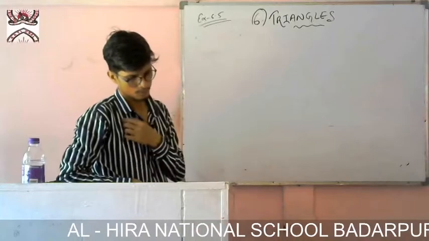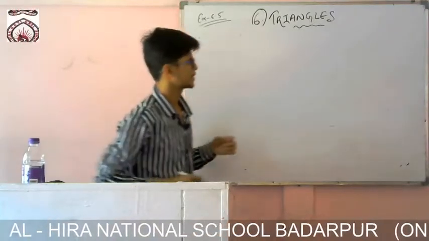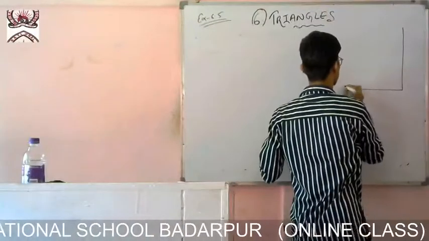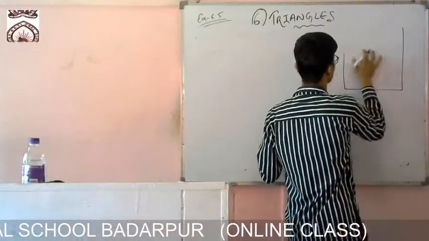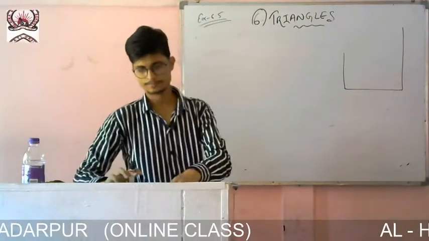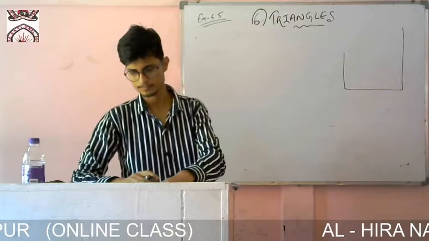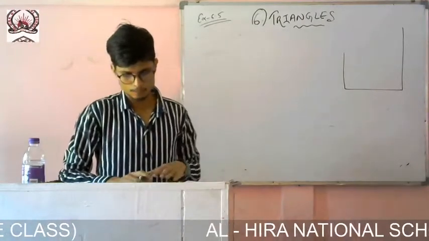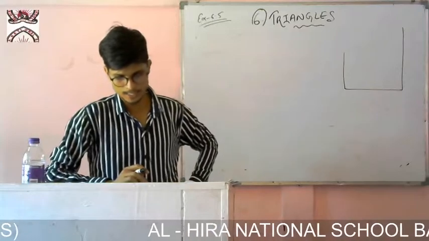So 2 poles of height 6 meter and 11 meter. One has a height of 11 meter, another one has a height of 6 meter. Okay. So like this 2 poles are given.